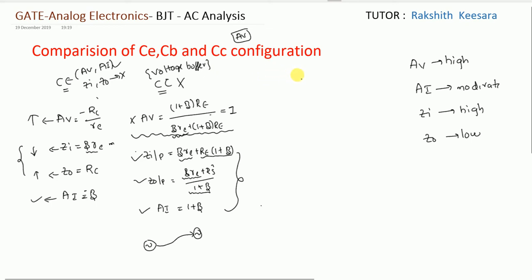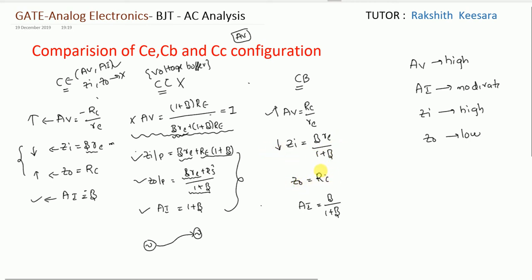While coming to the CB amplifier, these are the values. If you check voltage gain, it is RC by small ra, same as the CE amplifier. It will be very high. First condition is satisfied. Next, if you check input impedance, beta RA by 1 plus beta, it will be very low. Because beta RA is a very small value, it is dividing by a large value, so it will be very less.